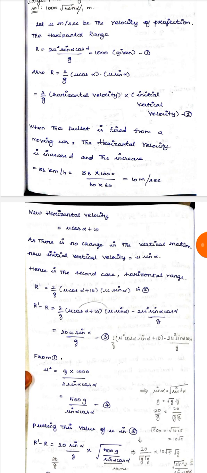Then we have to find the increased range value, so we take the difference of 3 and 2.